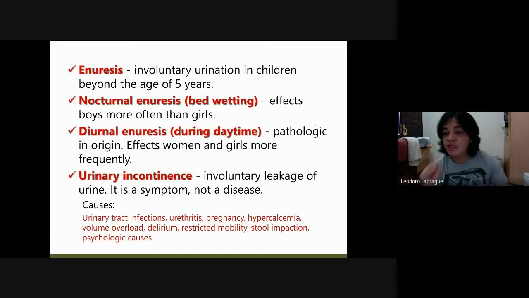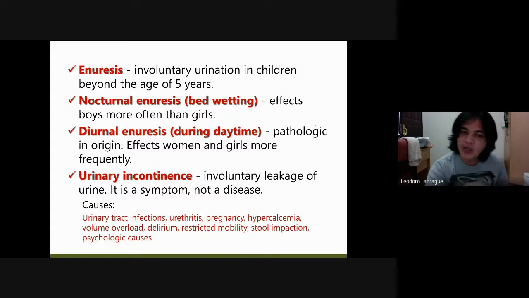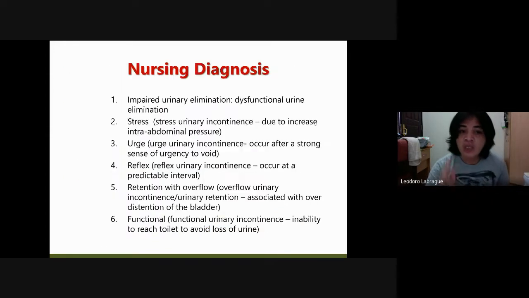Now, this is very important. Again, urinary incontinence is an involuntary leakage of the urine. How does it occur? Because of different causes. Now, there are different types of urinary incontinence. I want you to look at number 2. Urinary incontinence could be related to stress, and we call it stress urinary incontinence.